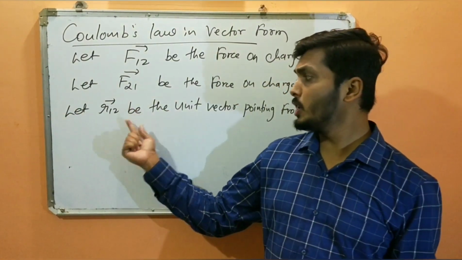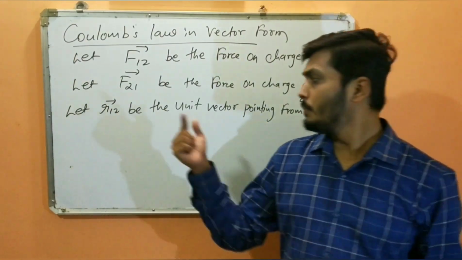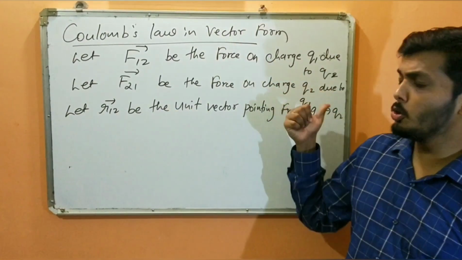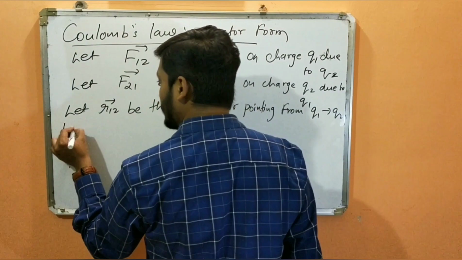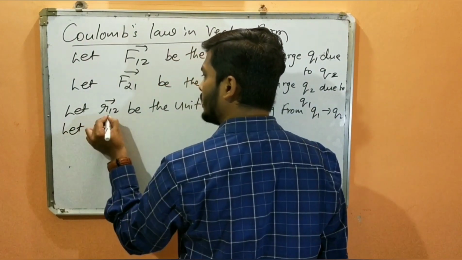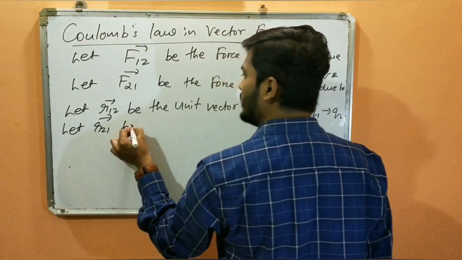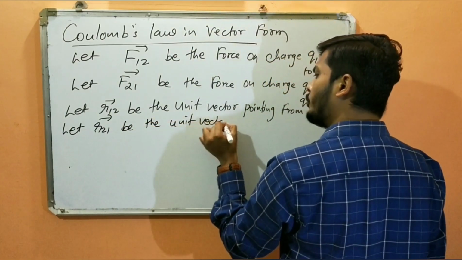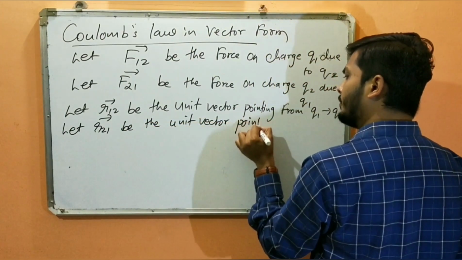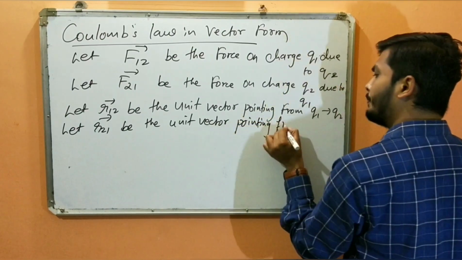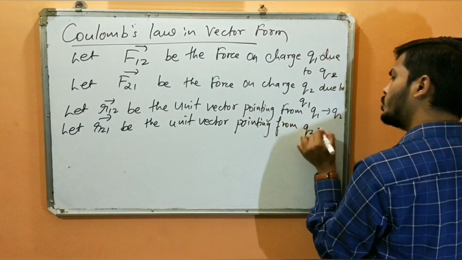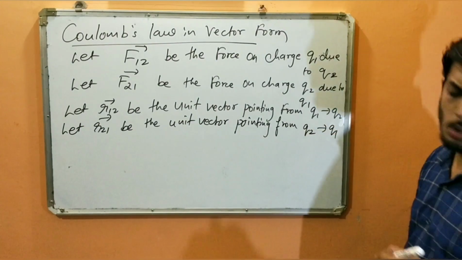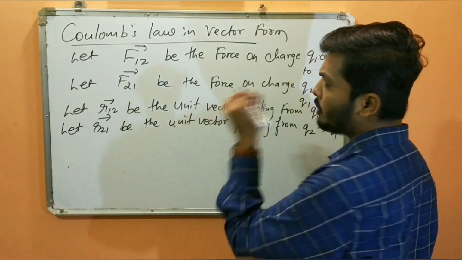So let r12 be the unit vector pointing from Q1 to Q2. And let r21 be the unit vector pointing from Q2 to Q1. So apply Coulomb's law here.